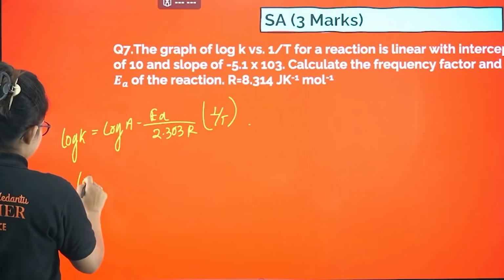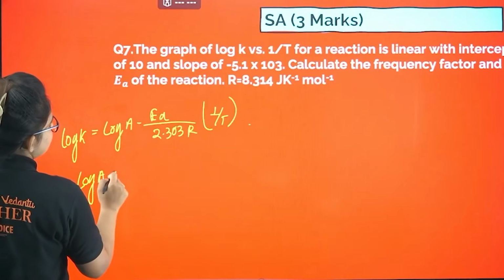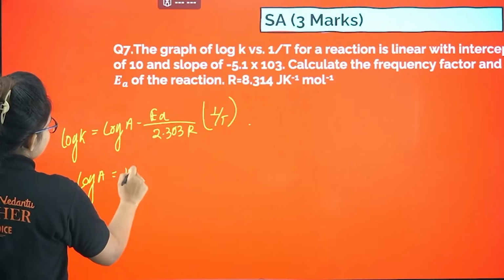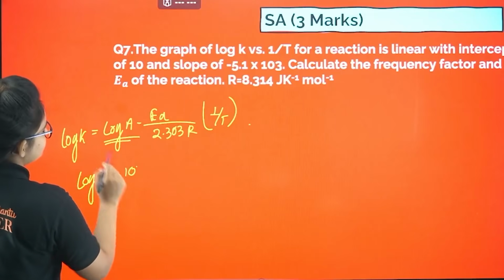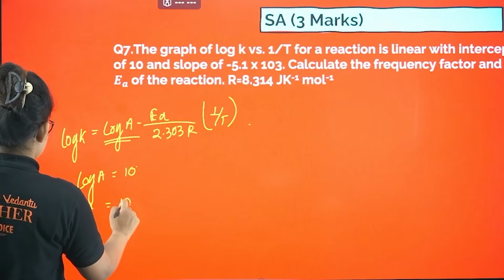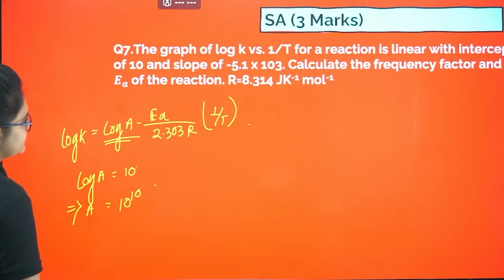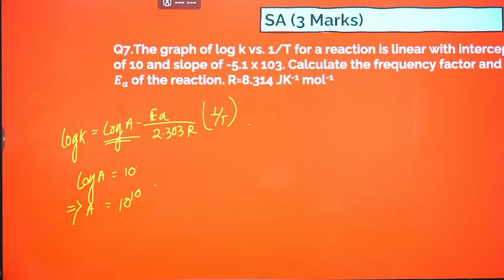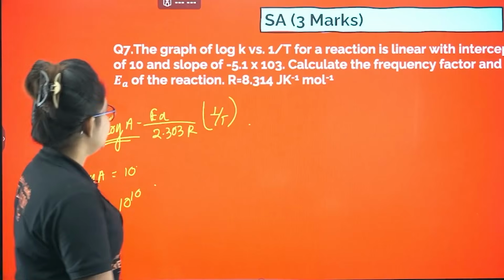So from here, log A is given as 10. Log A is the intercept. If I find out A, that is going to be 10 power 10. That's it. Next, slope.